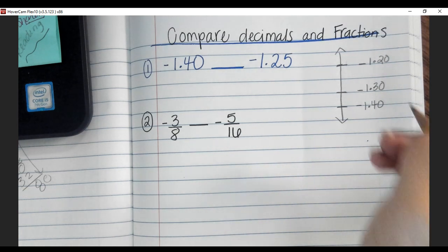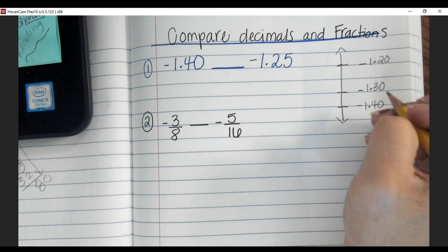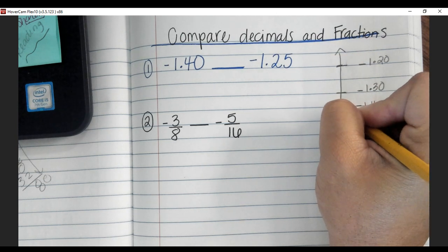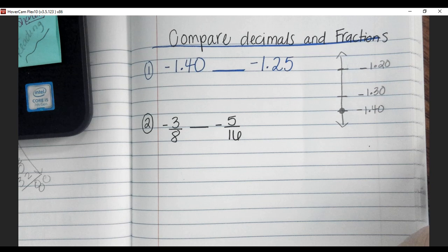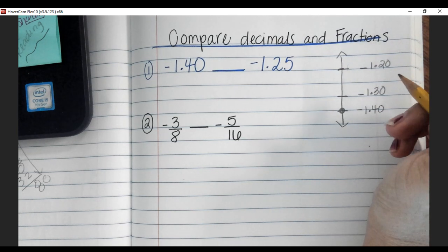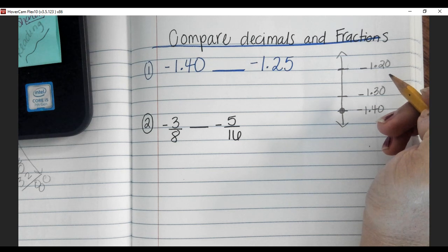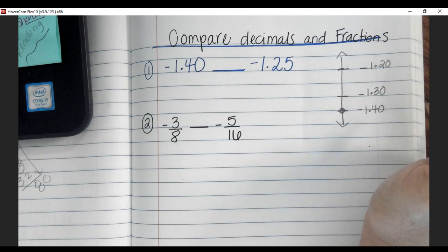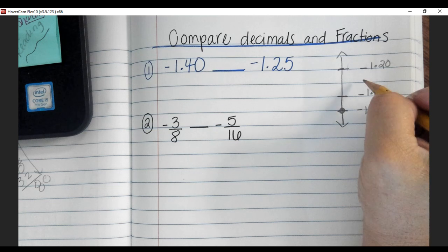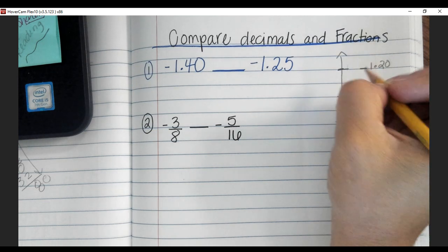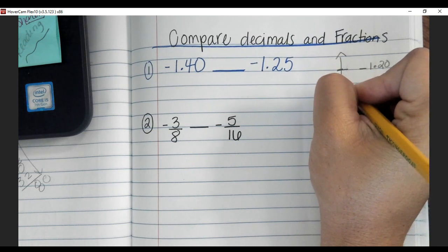If I locate integers on a number line, I want to make sure that I do it on the actual number line like this. So there is negative 1 and 40 hundredths, and then negative 1 and 25 hundredths. Where would that number be? It'd be between 20 and 30, about right here.